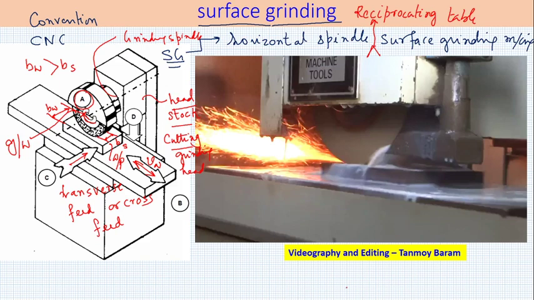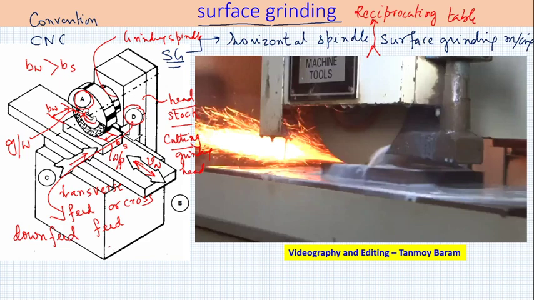So there are three motions that I have identified: one is the rotary motion, one is the reciprocating motion, and one is the intermittent linear cross feed. There is one more motion, which is D. D is the motion with which you incorporate down feed, which is equivalent to depth of cut.